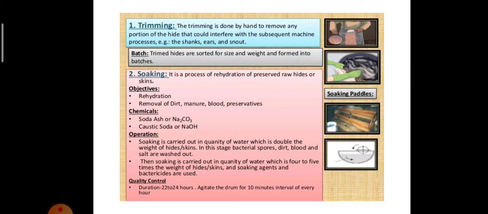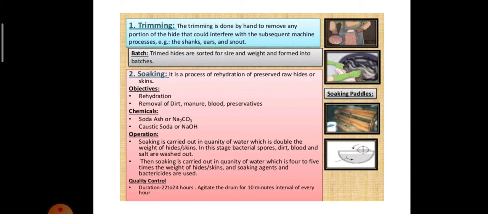There are a number of pits, that is small water tanks. So we have to fill the water accordingly, depending on the weight. If time permits, we will visit some of our neighboring tanneries so that you can get an idea of the soaking process.